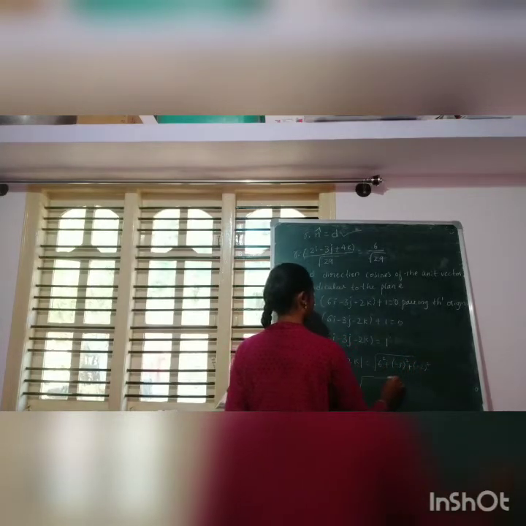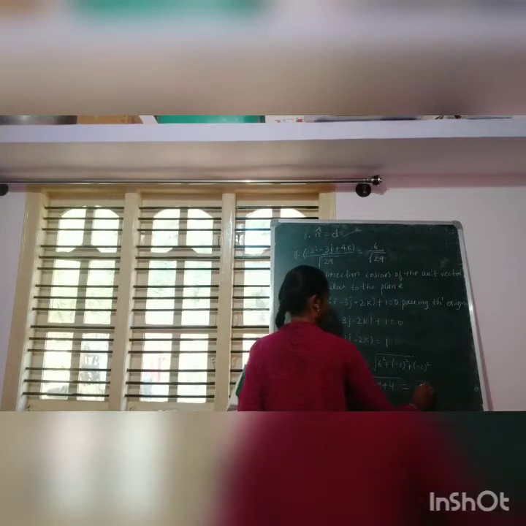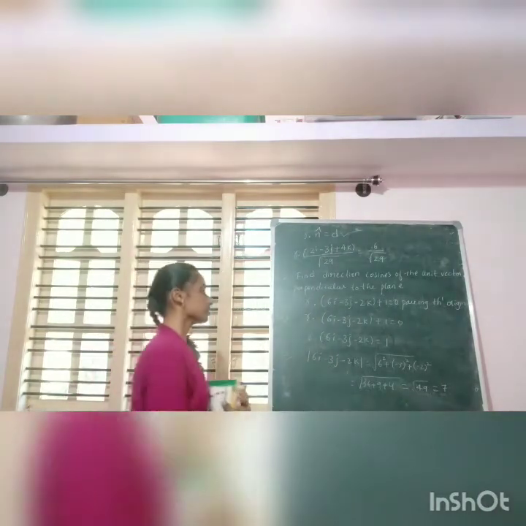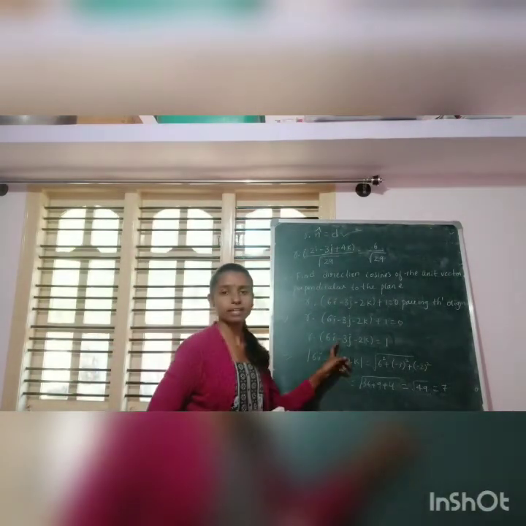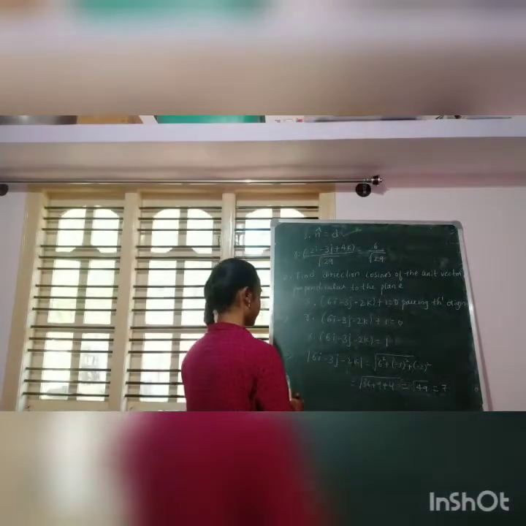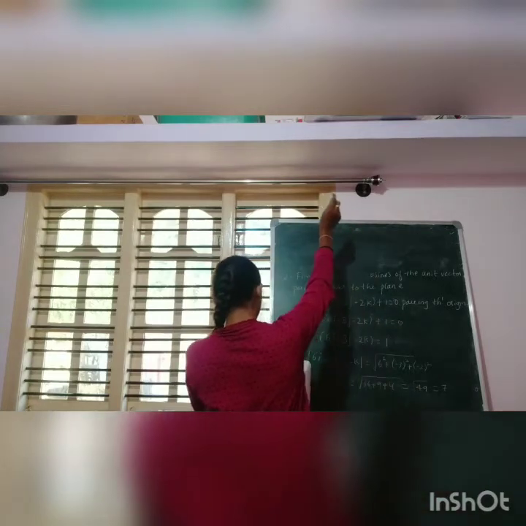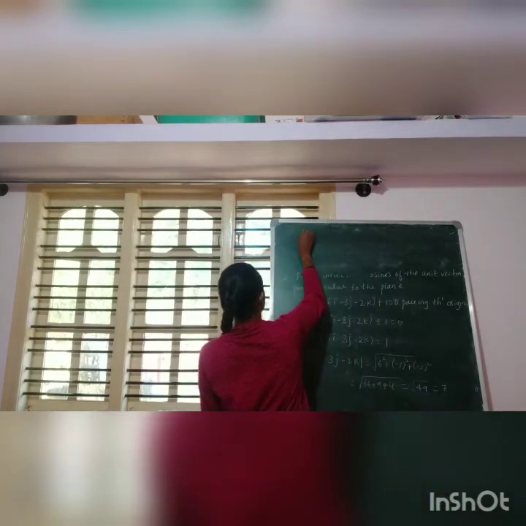This is 36 plus 9 plus 4, which is equal to 49, and 49 is the perfect square 7. Now we divide this equation by 7, dividing both sides by 7.